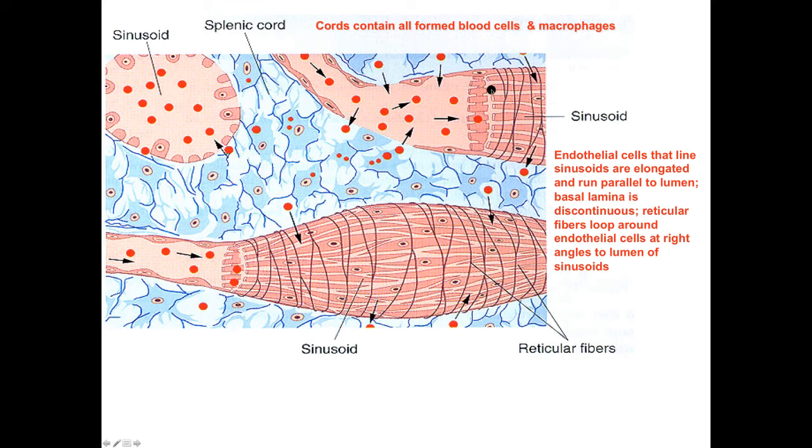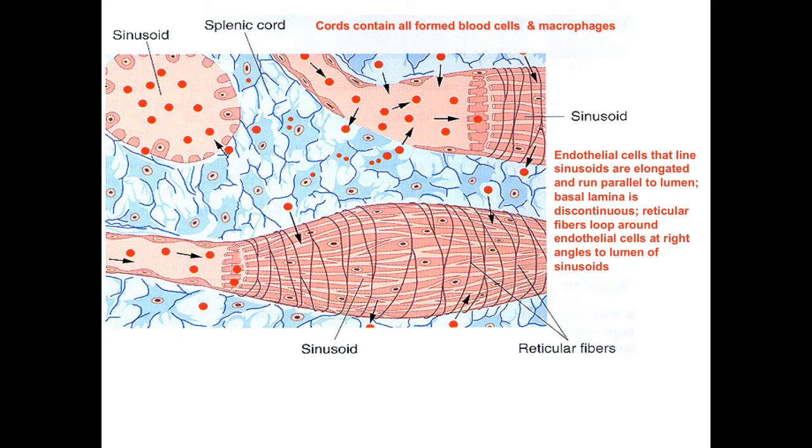Here are the splenic sinusoids. So here you've got red cells in the red pulp cord. Here you've got red cells in these vessels that are coming right out of the vessels directly into these pulp cords. And these red cells have to reverse diapedese back into the sinusoidal space.